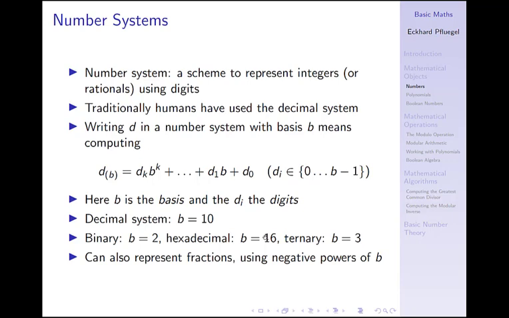So the different digits would be 0, 1, 2, etc. until 15. You might wonder how you would express the digits greater than 9. Well, we introduce abbreviations: A for 10, B for 11, until F for 15. I'm sure you've seen hexadecimal numbers written somewhere. Well, that's exactly what it is: an expression of an integer using the base 16 number system.